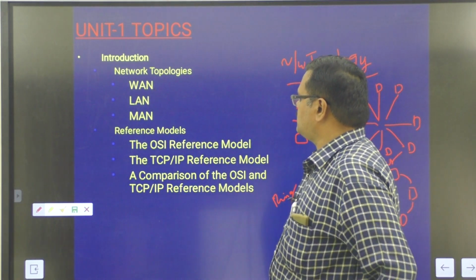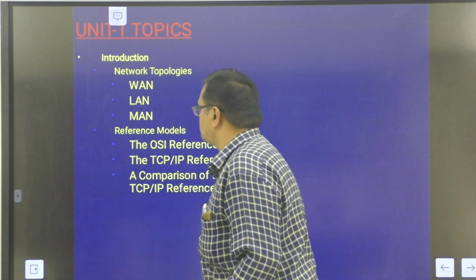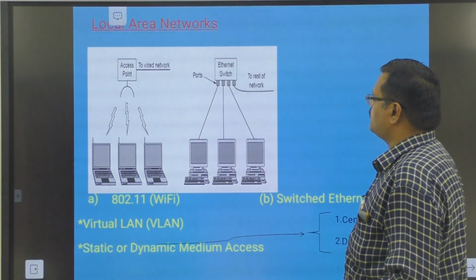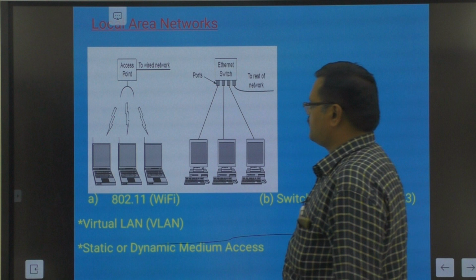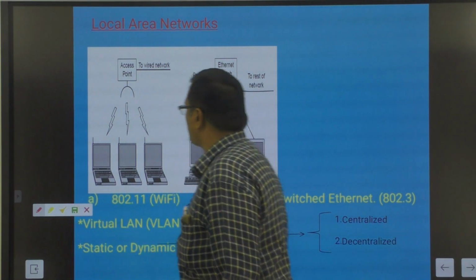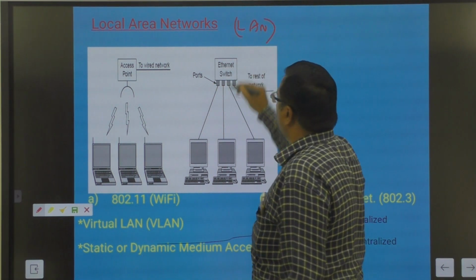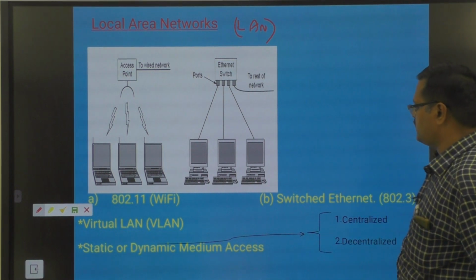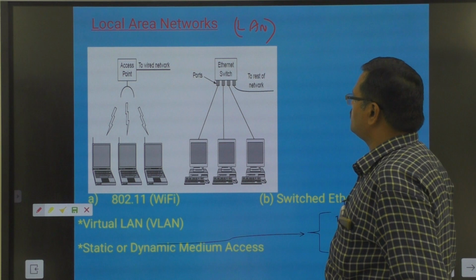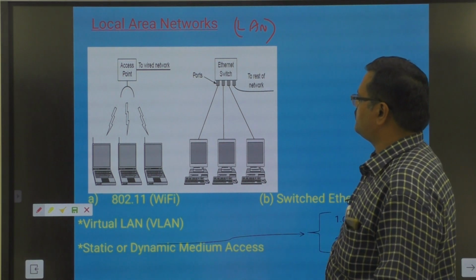And next is different types of networks. First is LAN, that is local area network. What is this LAN basically?